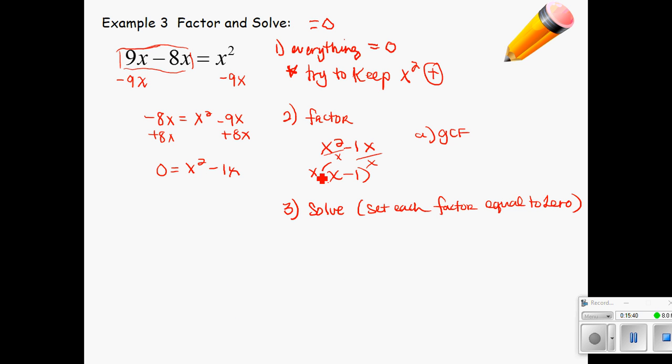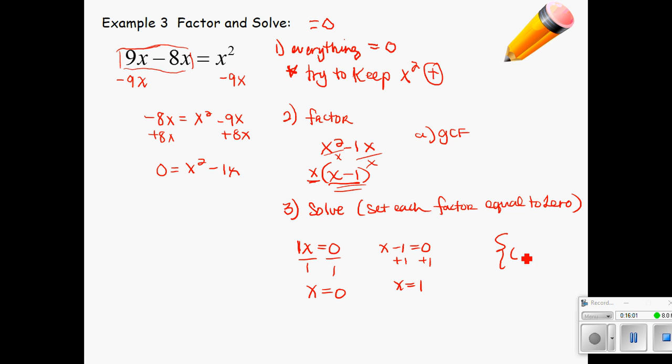Okay, so one factor is x, set that equal to 0. That's not a number, that's a 1x. Divide by 1, x is equal to 0. Take your other factor, x minus 1 equal to 0. Add 1, x equals 1.